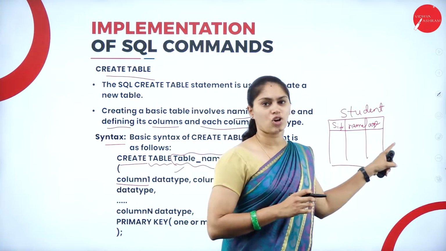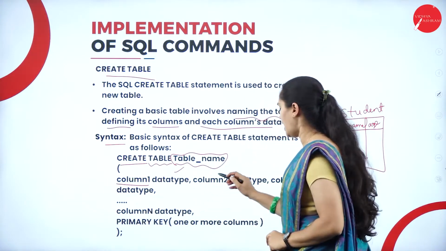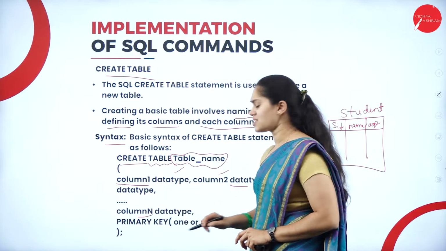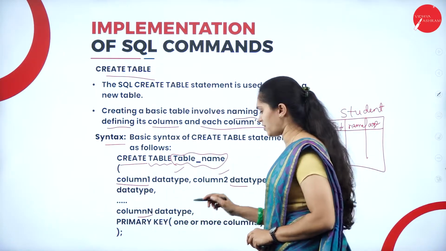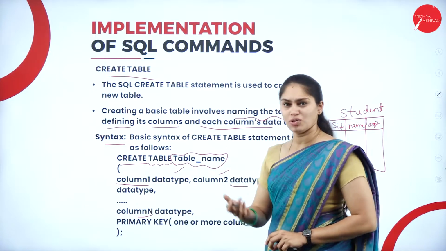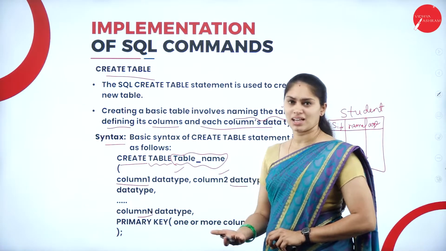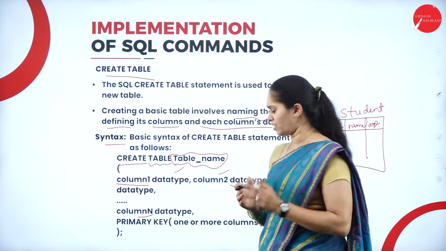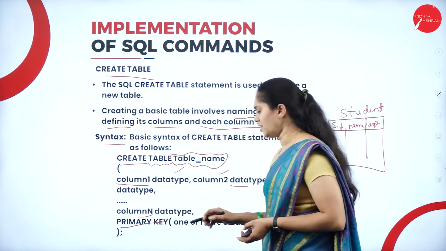What is the next column? That is column 2, and I specify its data type. You can take any number of columns, up to column n, then specify the data type. And if you want to have any constraints like a primary key constraint, or any conditions over there, then you can write it here, for example the primary key.